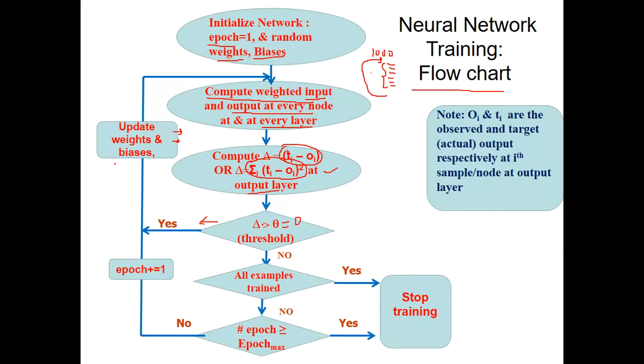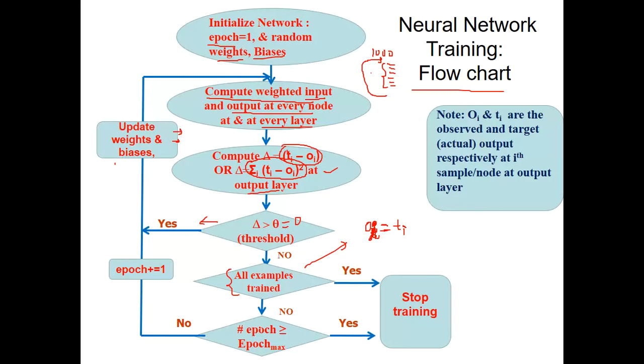If it is not greater than threshold, then again you check another condition whether all the examples are trained. If yes, then stop. Means for all the samples, the observed output equals the target output in that particular epoch.